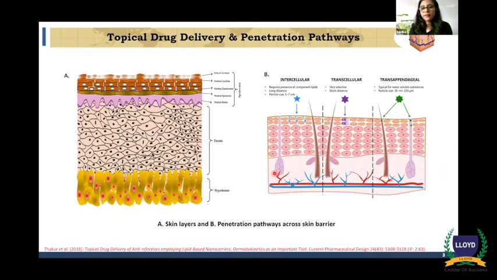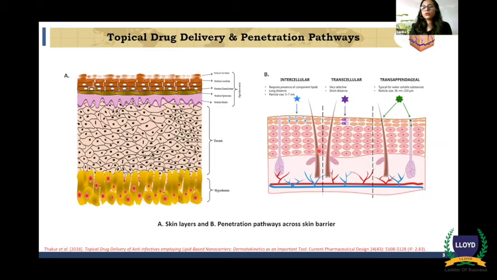Molecules above 500 don't have the right physicochemical properties to penetrate through this route, because the drug molecule will penetrate through the distance present between the keratinocytes, involving movement through intercellular lipid as well as ceramides.